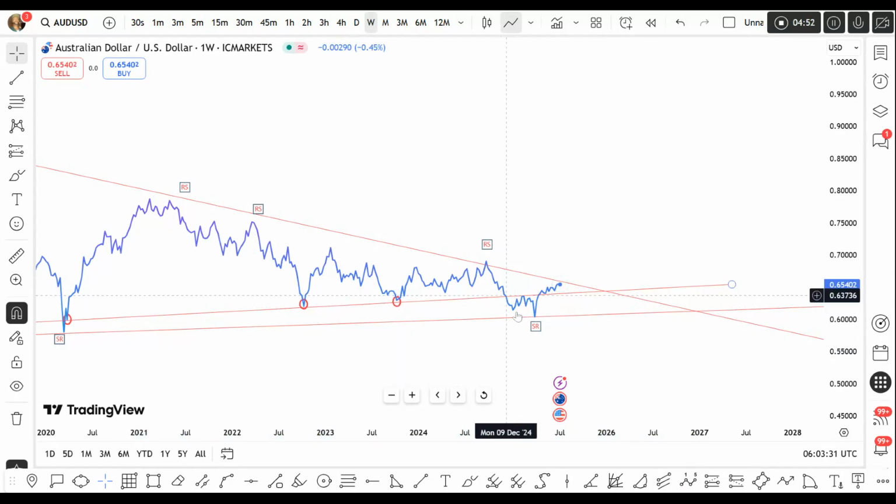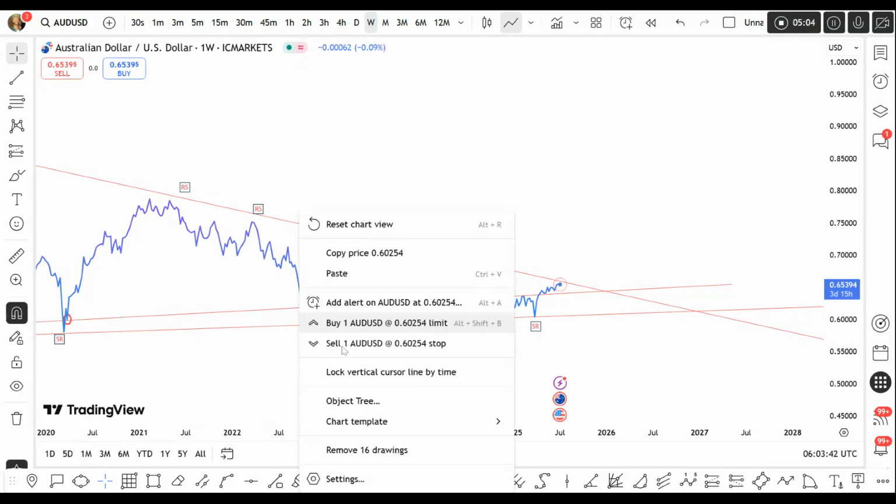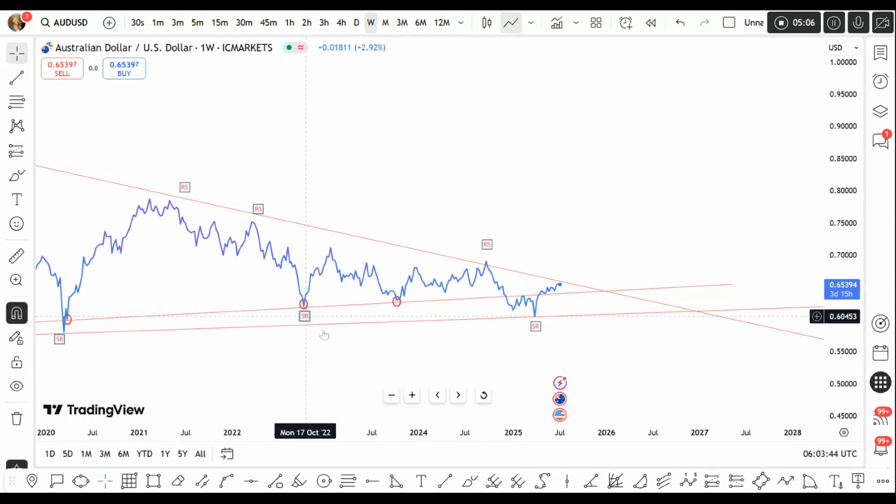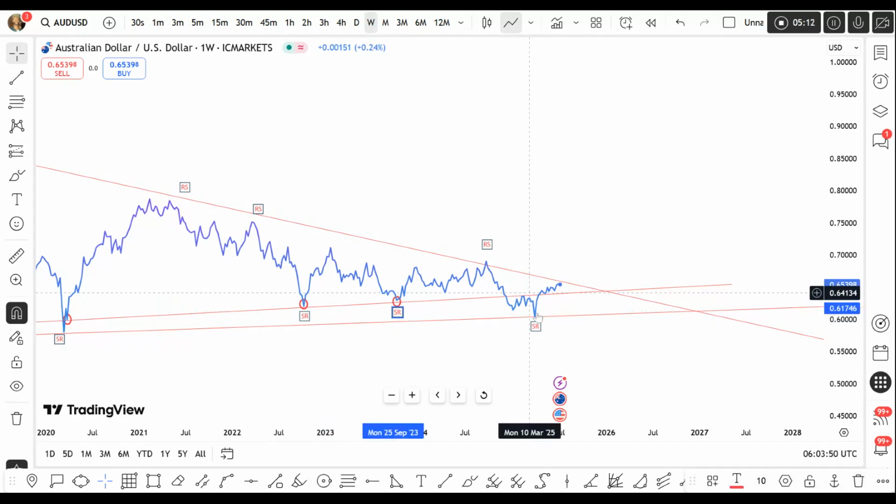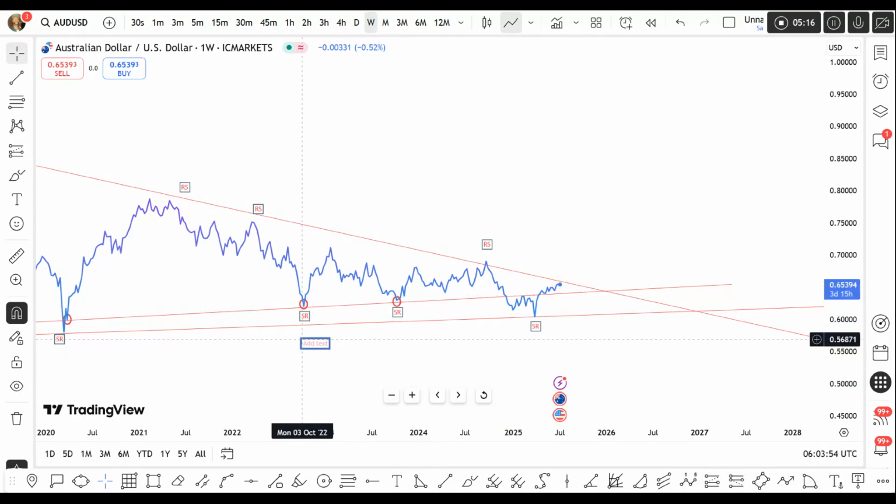Do we have a breakout here? Breakout from the support structure. After the breakout, we had a retest, RT slash RS.